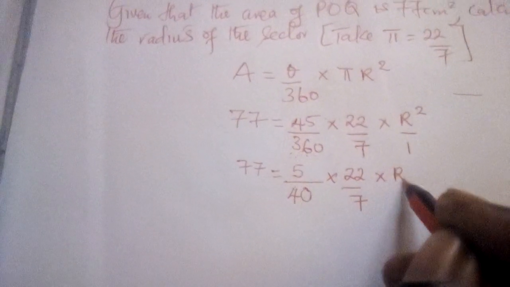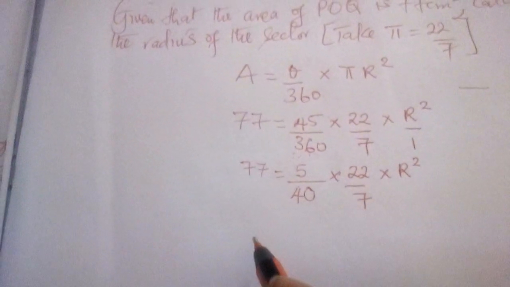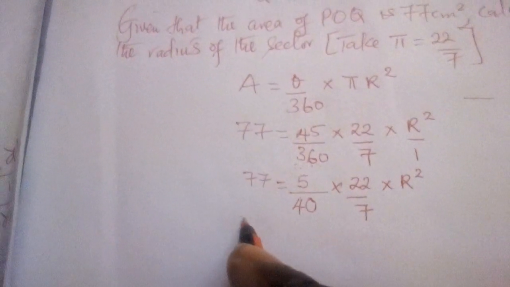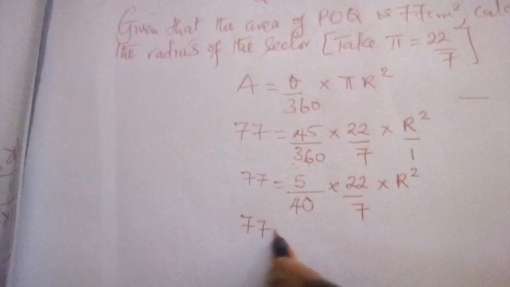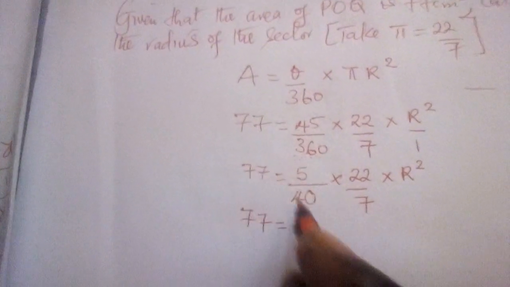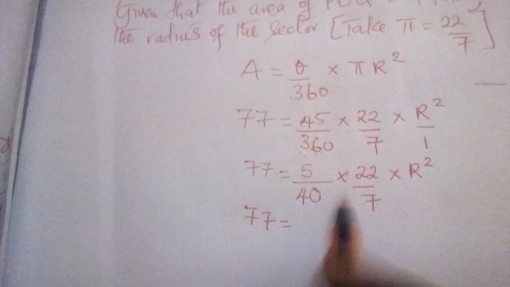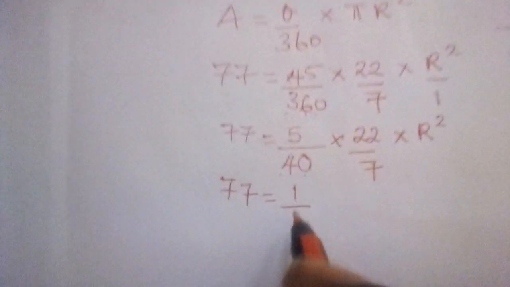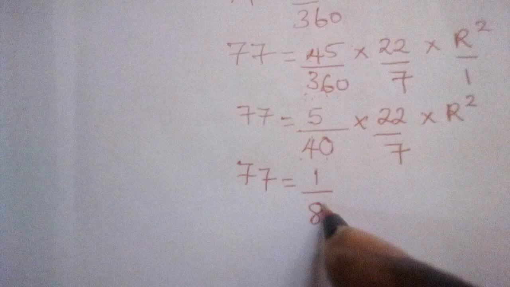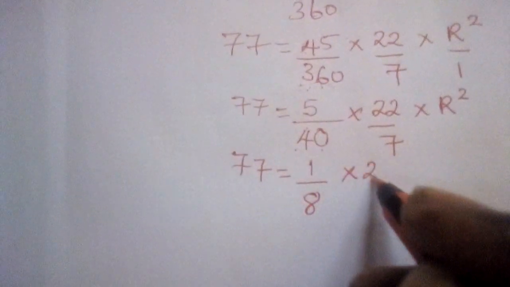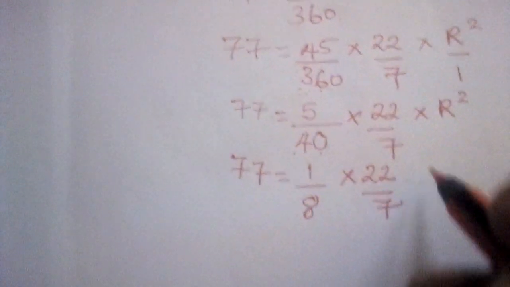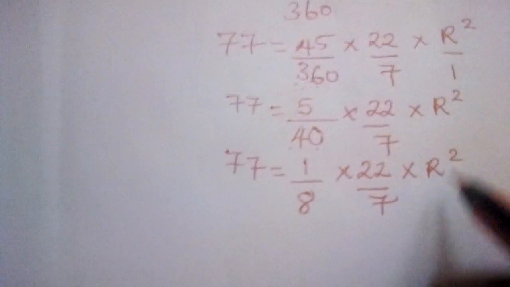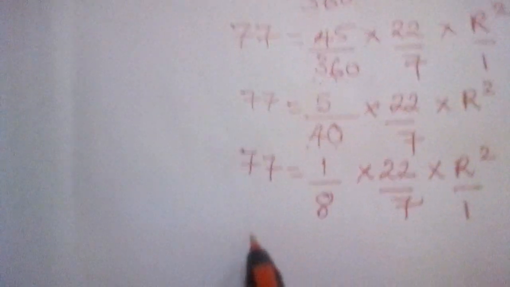Then go ahead to say 22/7 times r squared. Still, because we are not using a calculator, it's 77 equals to 5. Now 5 here goes in 1 time. Then 5 in 40 goes in 8 times, times 22 divided by 7 r squared.